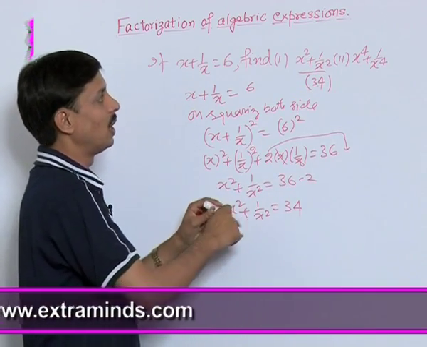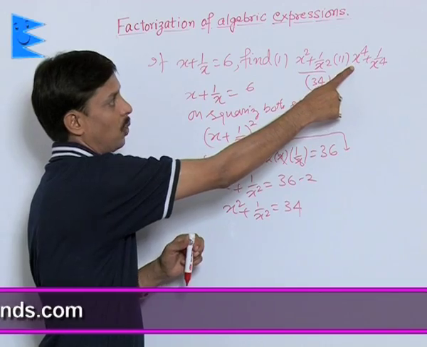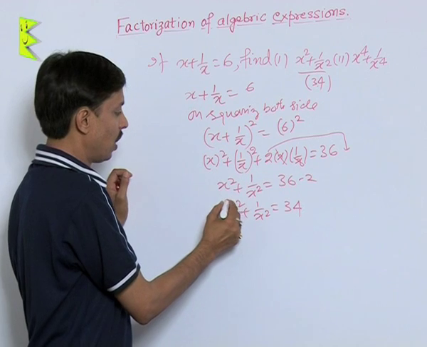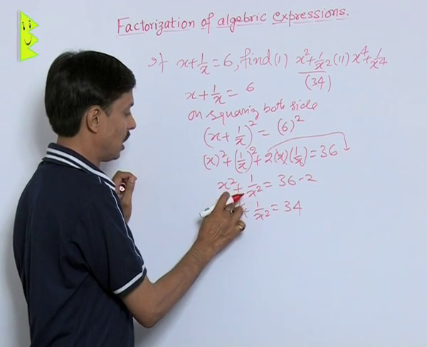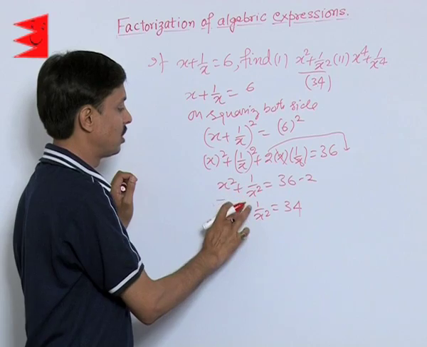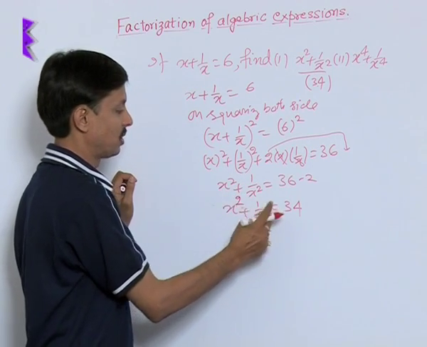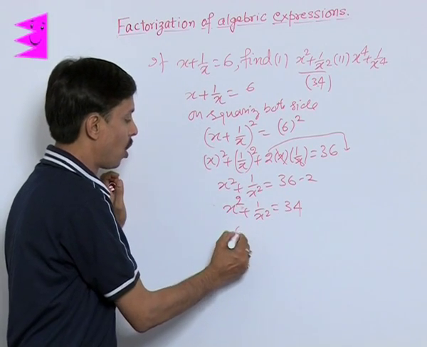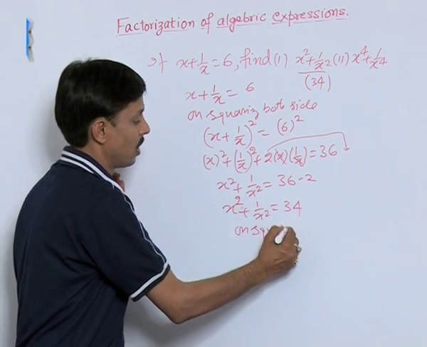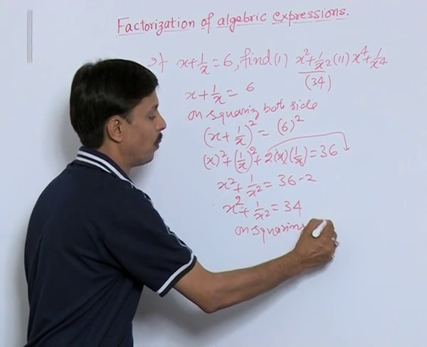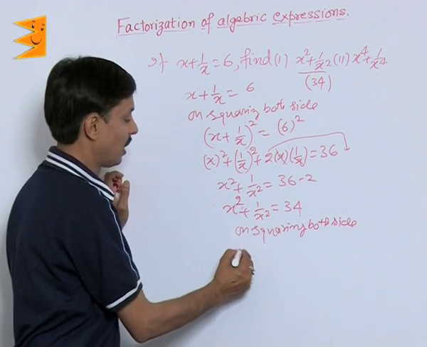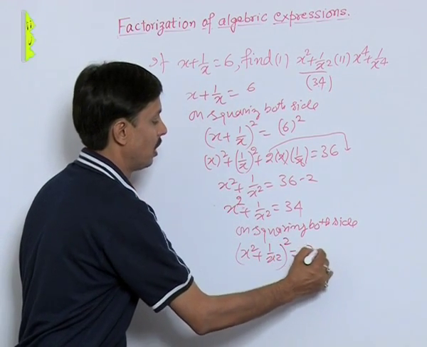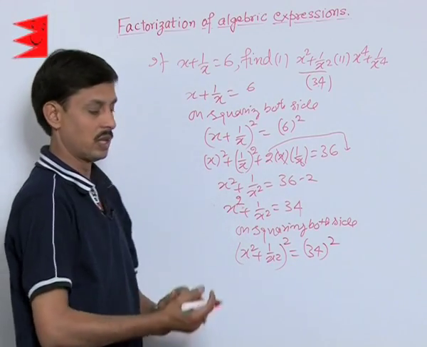Now how to find the value of the second part, that is x4 plus 1 upon x4. In order to calculate the value of the second part, we have to use this result. This result means the value of x square plus 1 upon x square is 34. In this relation, on squaring both sides, I will get x square plus 1 upon x square whole square is equal to 34 whole square.